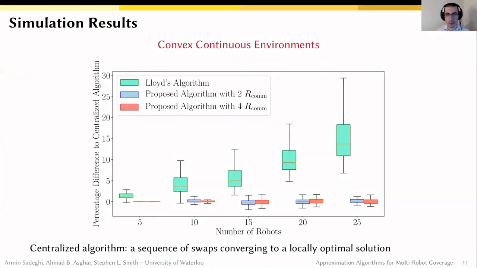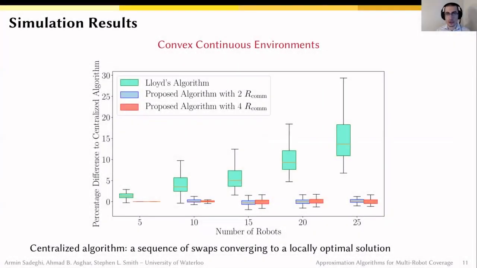To test out our algorithm in different scenarios, we first start with the convex continuous environments. We will test our algorithm versus a very well-known Lloyd's algorithm, and the results shown here are the difference of the solution provided by our algorithm in two scenarios, when we have the conventional communication range, i.e. 2 RCOM, and the theoretical communication range 4 RCOM, versus the Lloyd's algorithm.